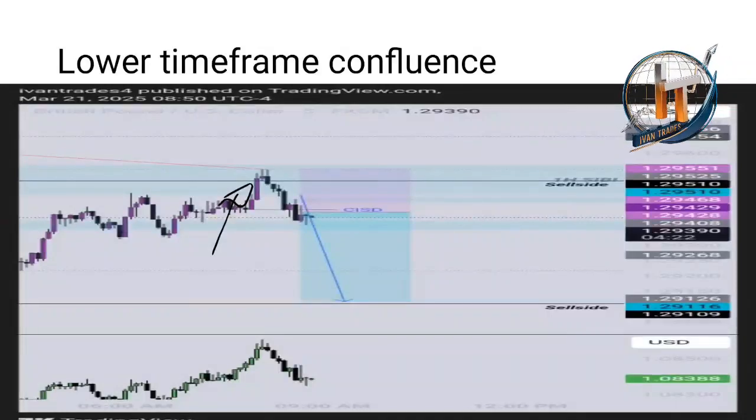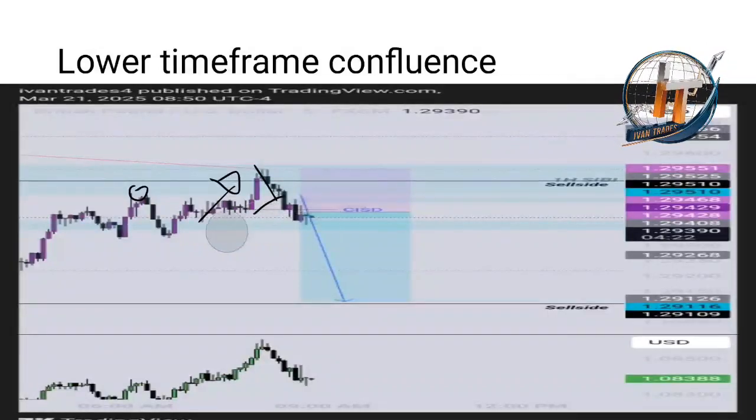When price shot to the upside, it cleared out this buy side liquidity right here, which is the London high, and price displaced through it. After 8:30, price formed a BC out of the range and a CB back into the range, and price closed below this point right here.